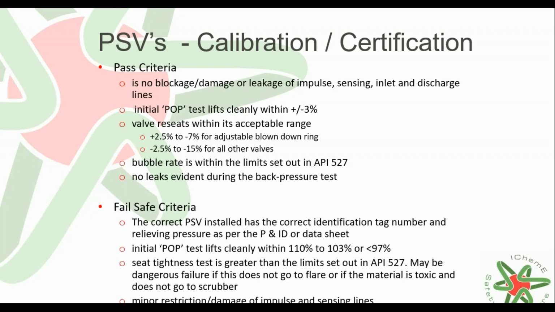So if we just bring the next ones up, Susanna. What that means is if we have a PSV that doesn't meet the tightness test, but we do have, for example, a flare system or something that's scrubbing out toxic gases, then although it is a fail from the exact design criteria, essentially it's a fail safe, because although it is letting a small amount of gas pass through, it will still achieve the design intent, which is not overpressuring the vessel in the event that there is an excursion.